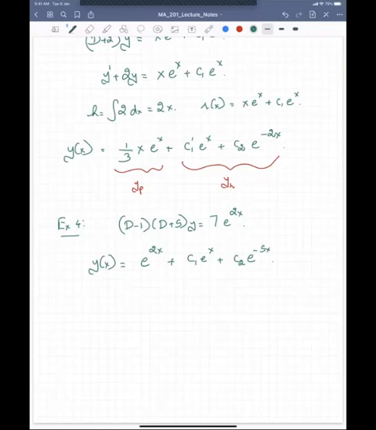So this again, as before, is just the solution to the homogeneous part, and this is the particular solution. Now again, please derive this in exactly the same way we derived the previous solution.